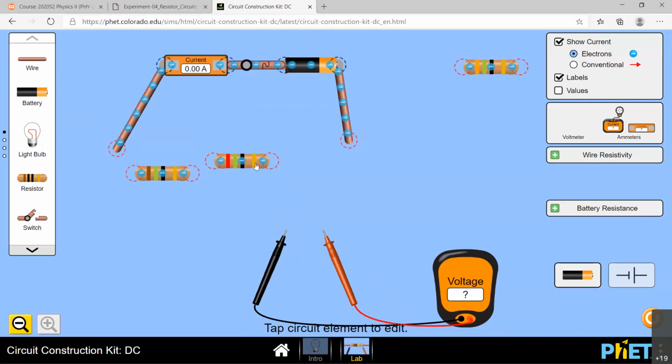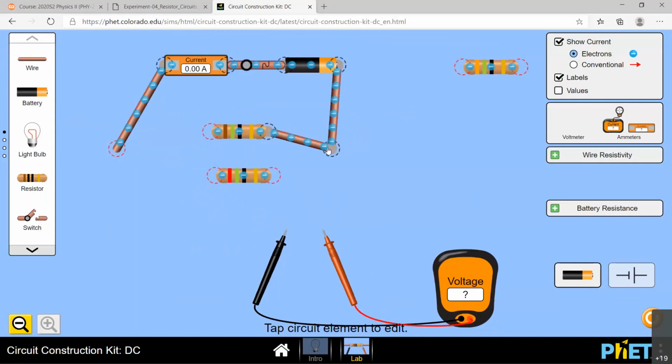All right, so let's build the parallel circuit then. The parallel circuit means the two resistors should go parallel like this, right? Parallel to each other, this way. And let's bring two wires. One more wire here.